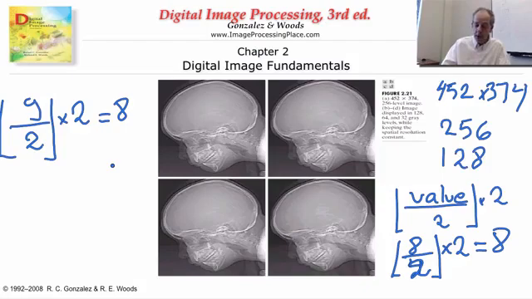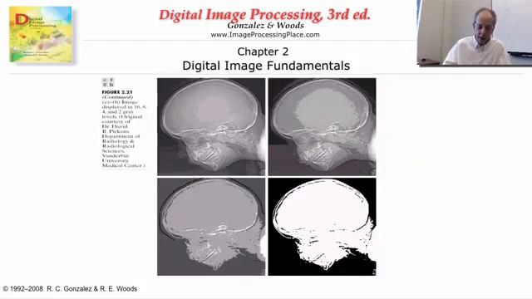Let's go into an even more extreme case, and we keep going down. Here, we use only 16, and now I think you're going to be able to see the false contours very clearly. Here, we go to only 8 values. There's only 8 numbers to represent everything that is happening in this picture, and that's a very strong quantization.